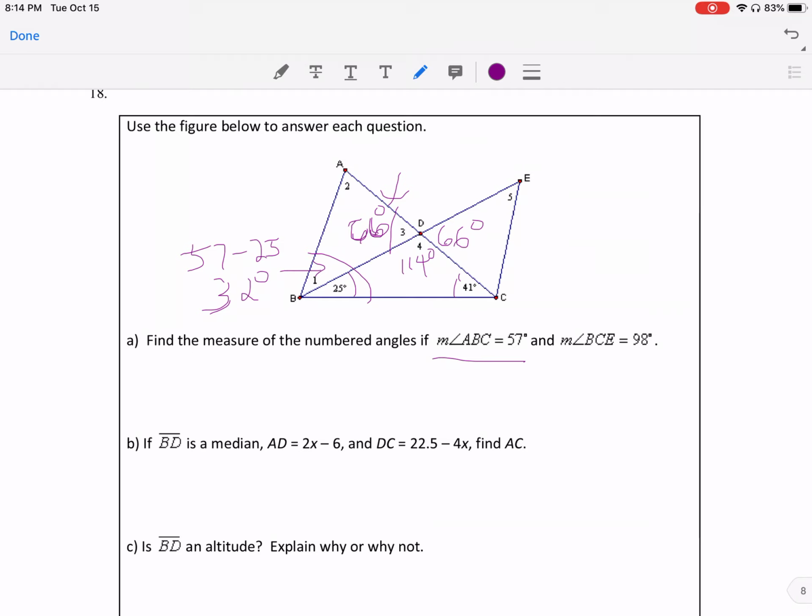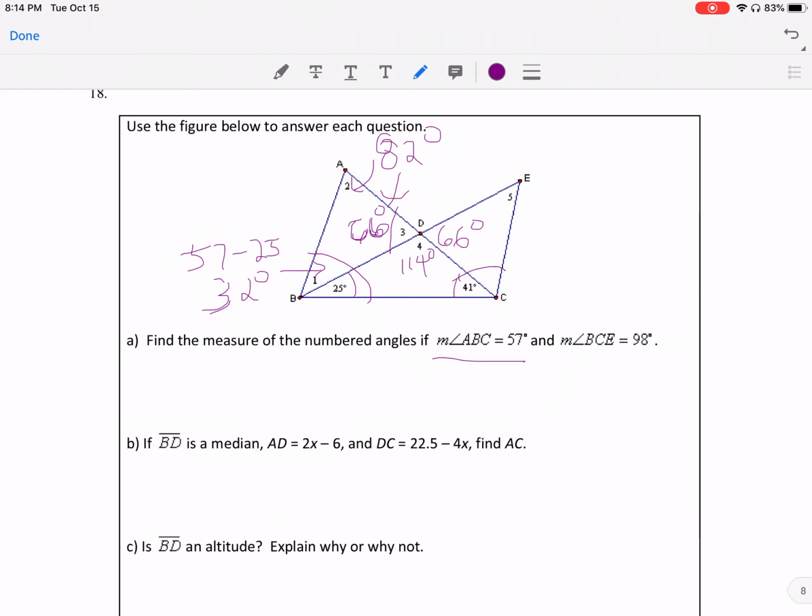Knowing that if this is 32 and this is 66, that's going to be 98. If that's 98, then this angle right here has to be 82 degrees, I believe. And then we have to find angle 5.